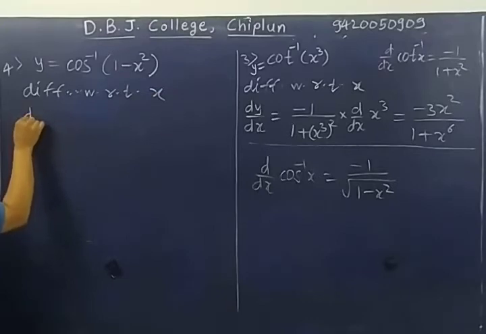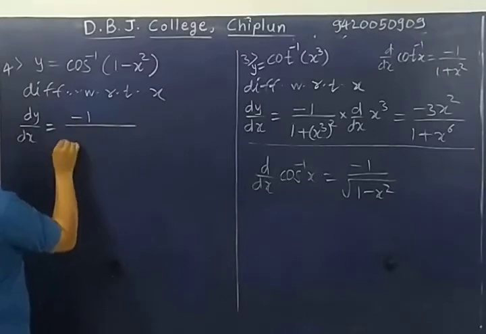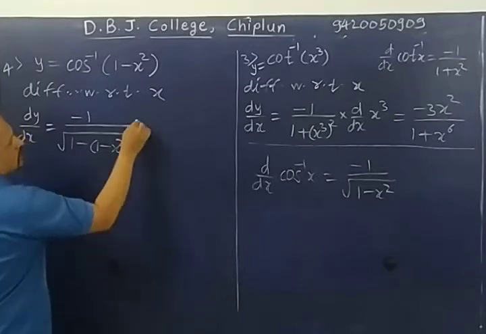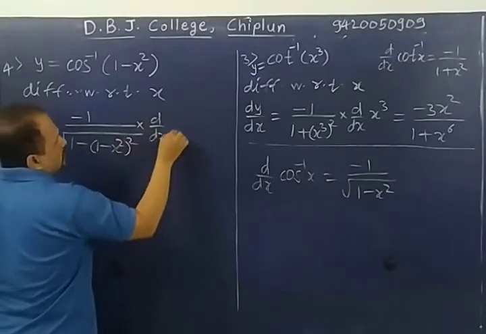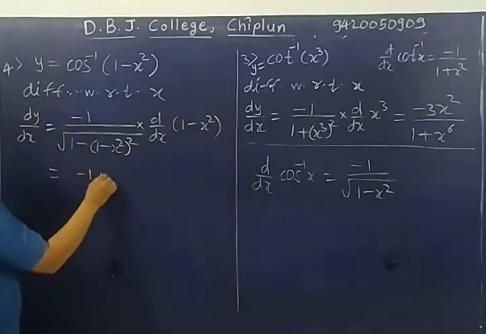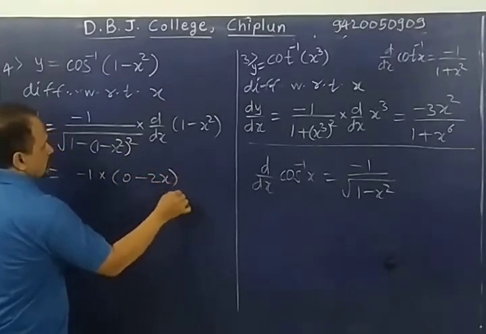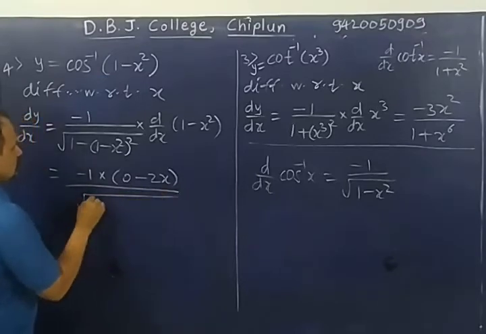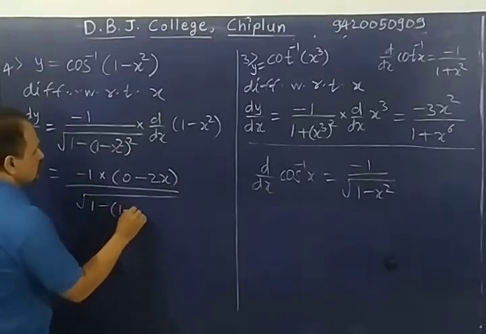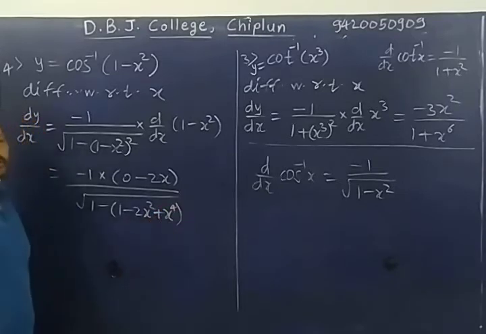using chain rule. dy by dx is minus 1 upon under root 1 minus (1 minus x square) bracket square into d by dx of (1 minus x square), equal to minus 1 into the derivative of 1 minus x square, 0 minus 2x, upon under root 1 minus, let us expand this bracket, (1 minus 2x square plus x raised to 4).